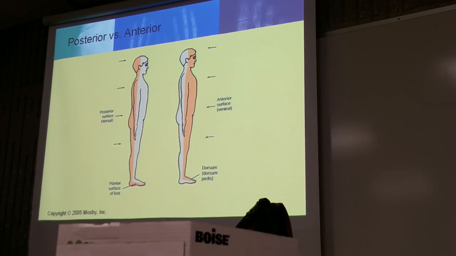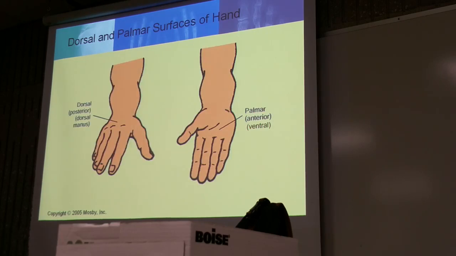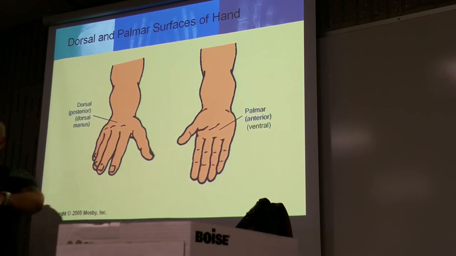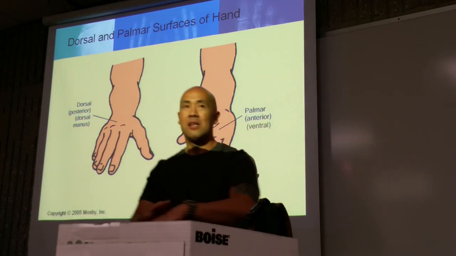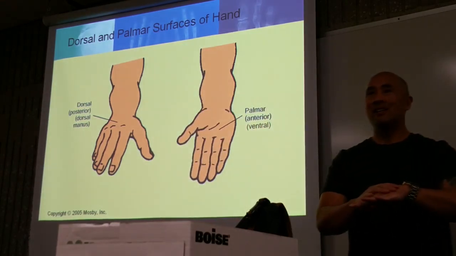Always got to imagine your patient, your starting baseline point is the patient is in a true anatomical position to understand the terminology that we're talking about, okay? All right. So the back of your hand is the dorsal, okay? Isn't this the front of the hand? Not in anatomical position.